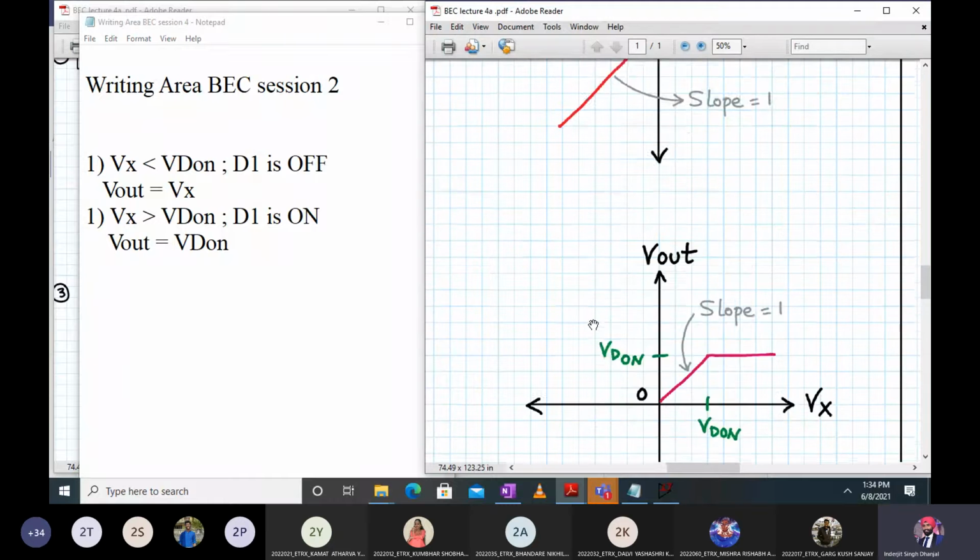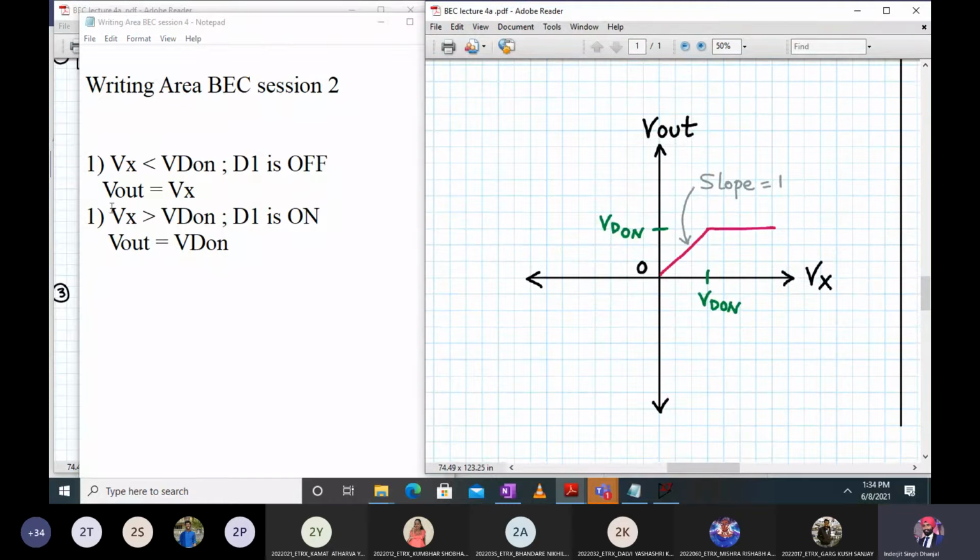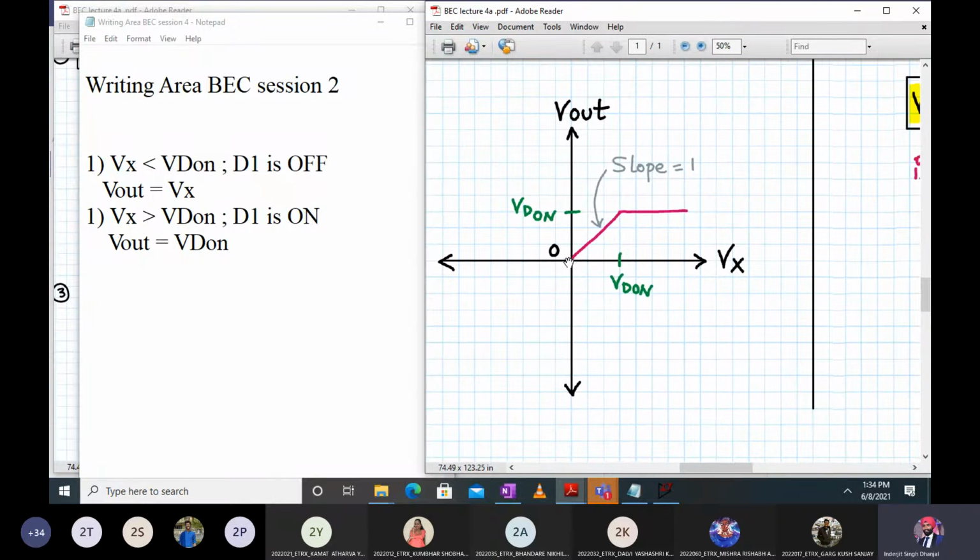And similarly, whenever Vx is greater than Vd on, my diode is on, right? Until I reach a Vd on value over here, my diode is off. Before Vx reaches the Vd on value, the diode is just turning on, so before that the diode is off, that means my output will be following the input.